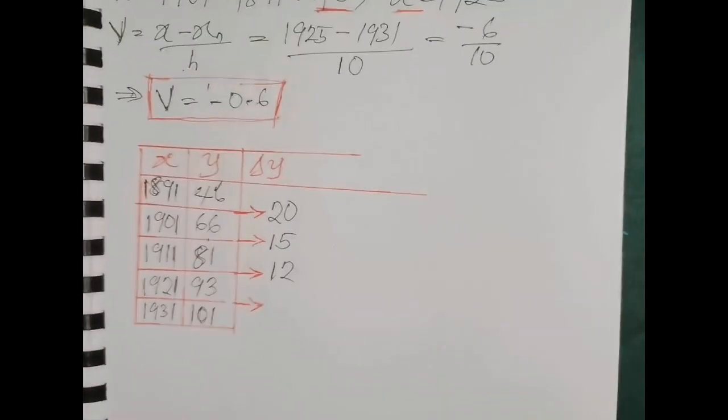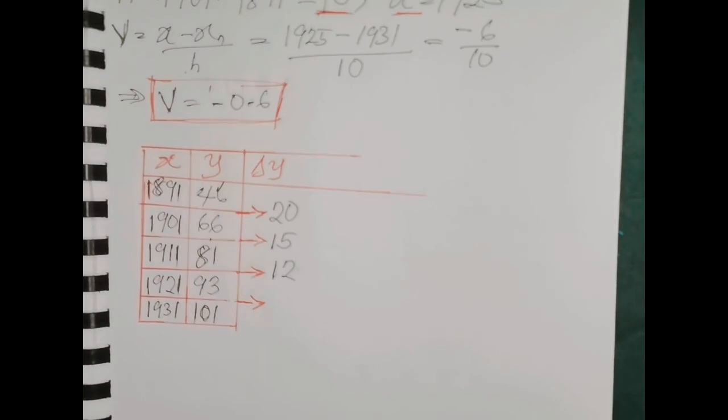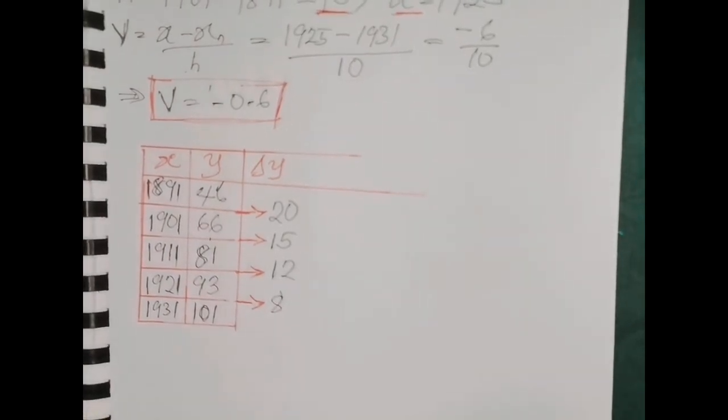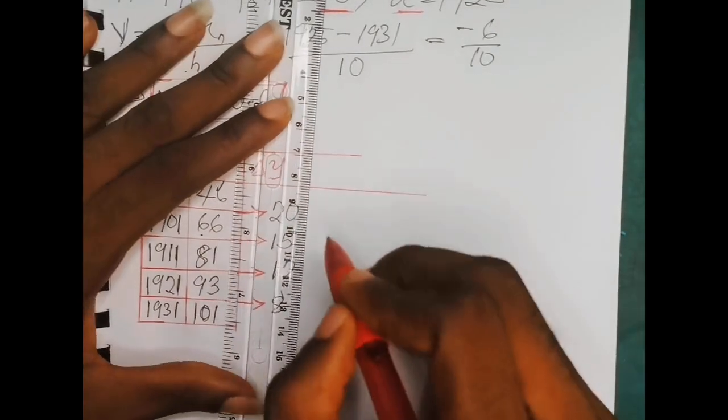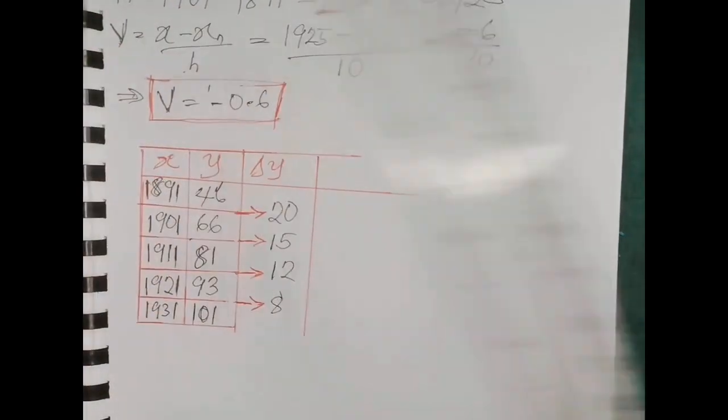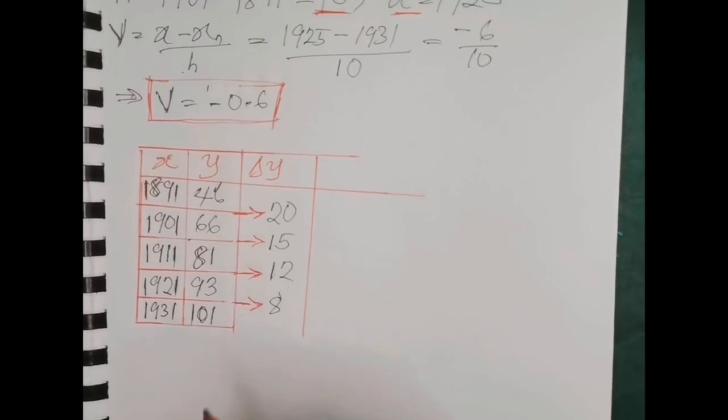This simply gives us 8. So the values of difference obtained so far are called the first difference. So we've obtained the first difference.